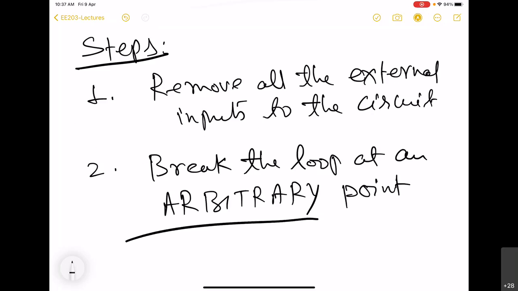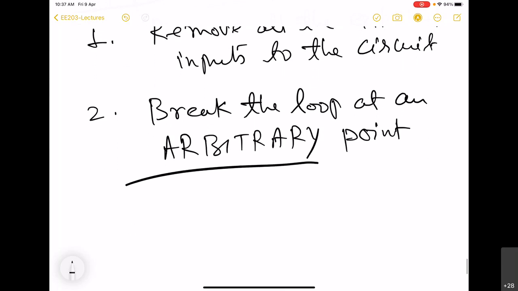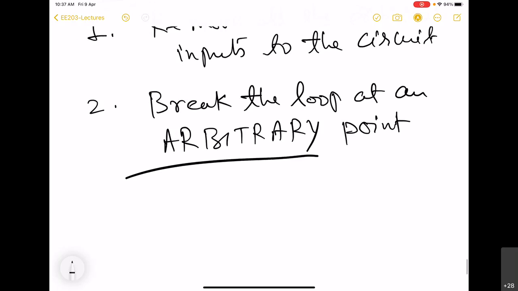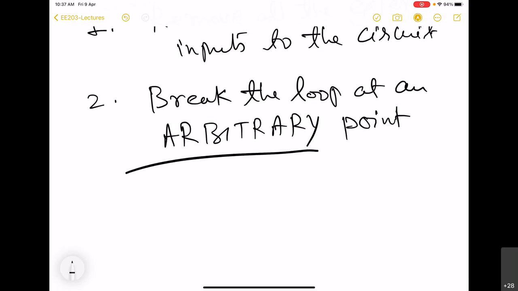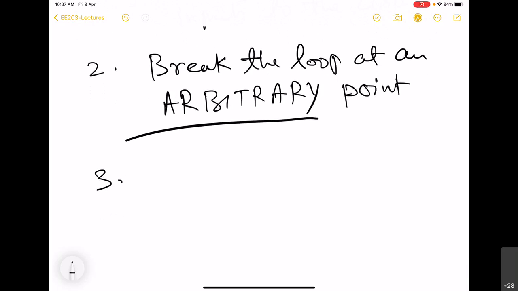So here we really have this freedom. We can break the loop anywhere. We just won't have to worry about what is the input impedance looking towards the next node. But now this freedom is coming at the cost that we have to find out two quantities.